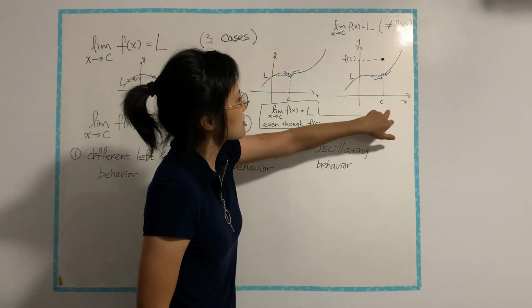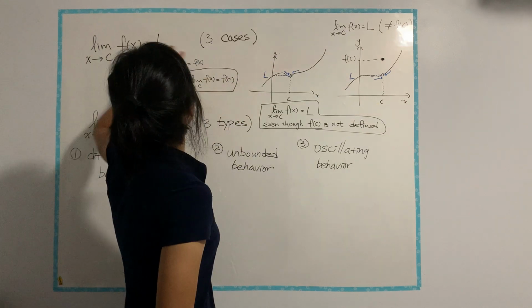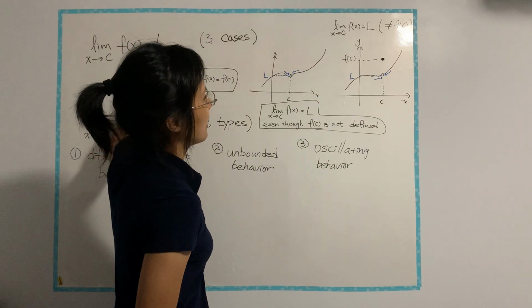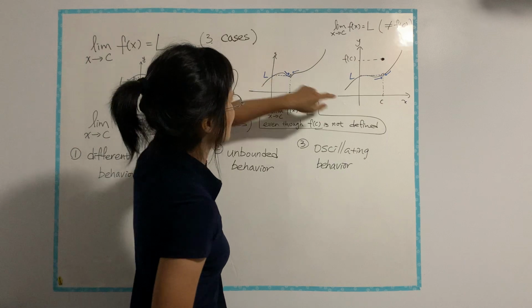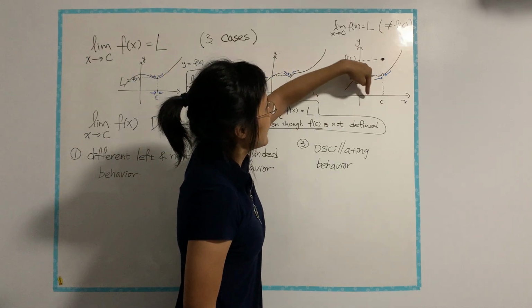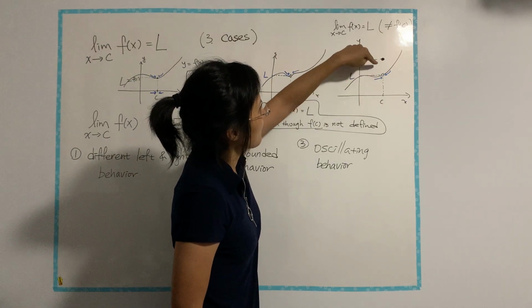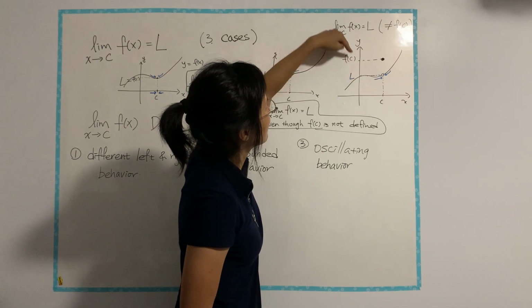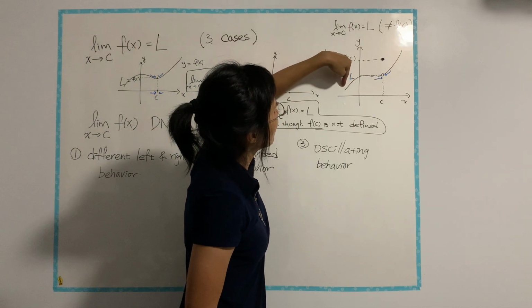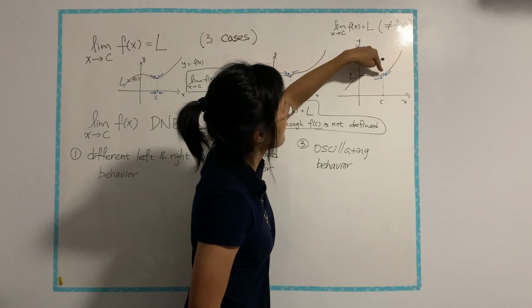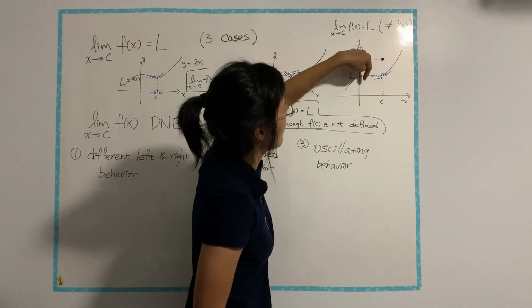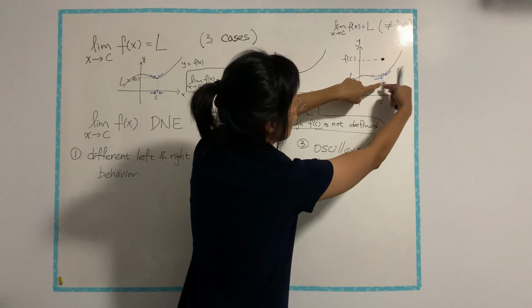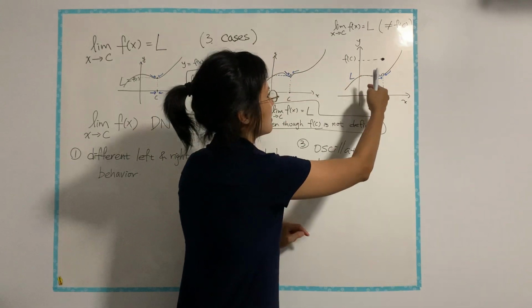All right, here is the last case for limit f exists. In this case, f of c is defined. It's like a jump, right? And when I look at the left hand side behavior and the right hand side behavior, you see that they meet, and that's all that matters.